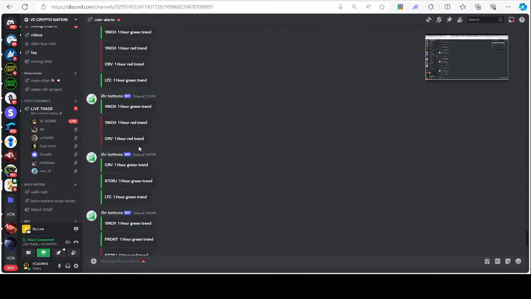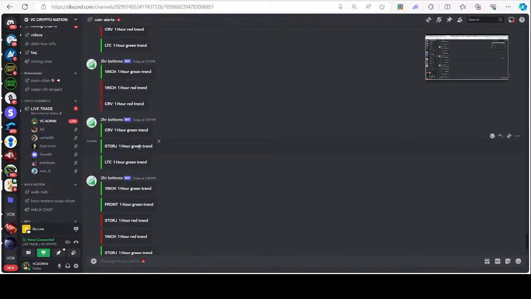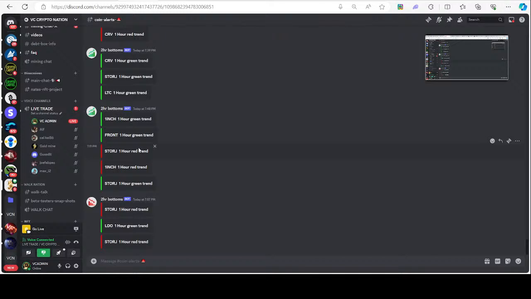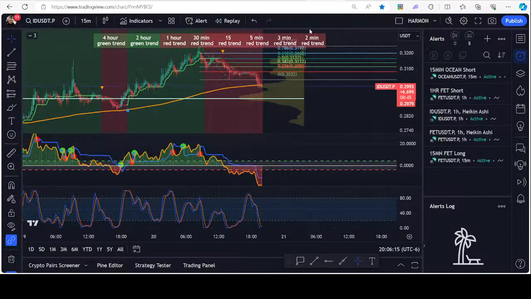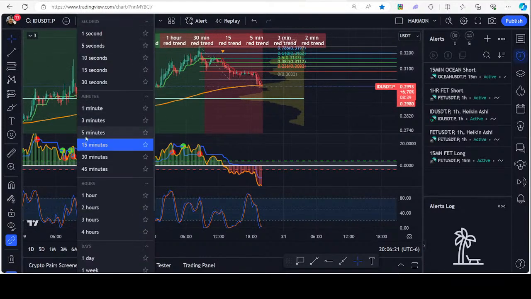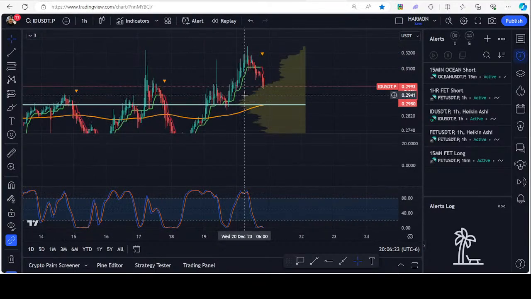FET. CRV, storage, LTC, LDO. So storage. Let's go look at storage. So storage has a 1 hour red trend. I haven't looked at storage in a second. Let's go look there. And guys, just so you know, there is a short on ID happening right now, as well as Ocean.